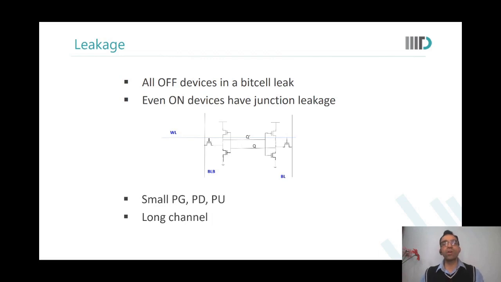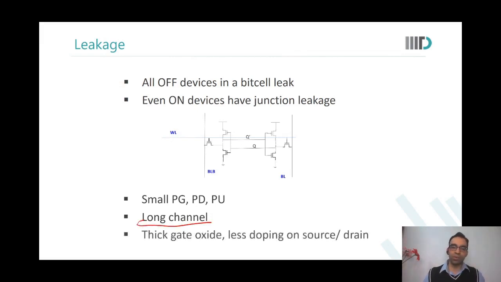Okay, so the length of memory cell transistors is always larger than the minimum length, so that you can reduce the leakage there. Okay, and you will find in some papers that people also talk about using thick gate oxides so that you can reduce gate leakage.